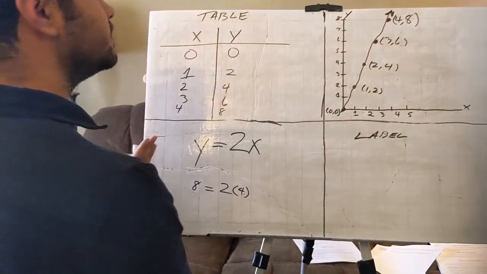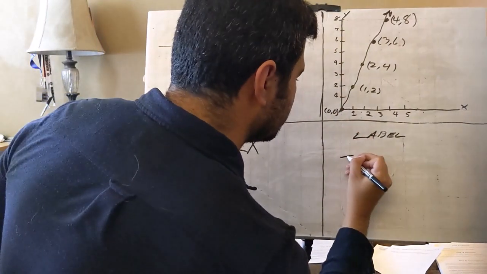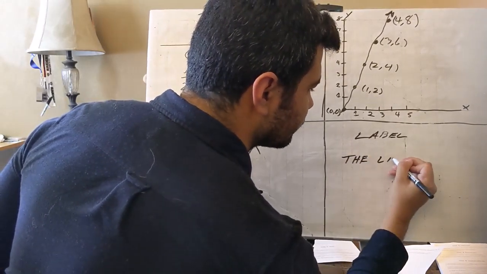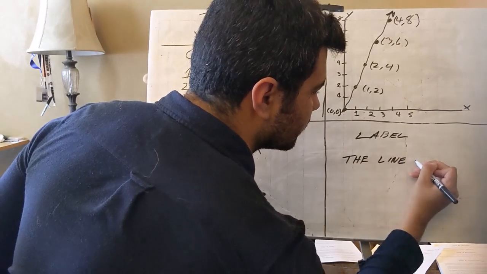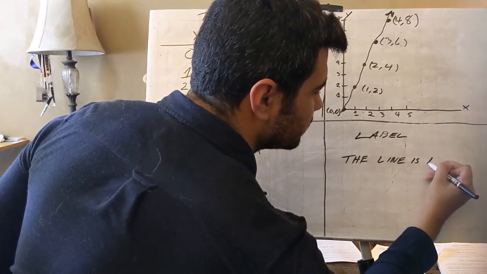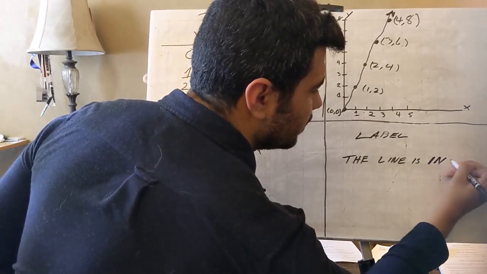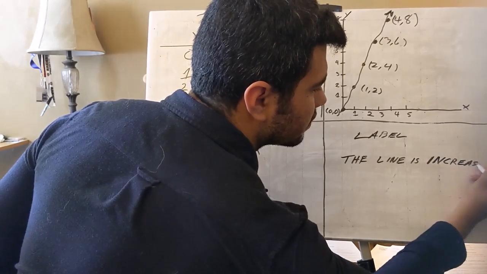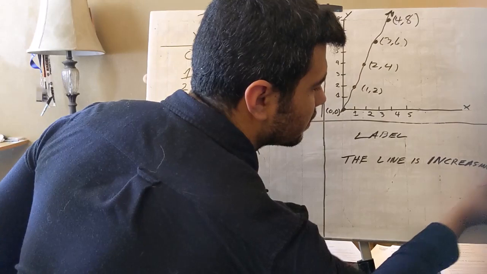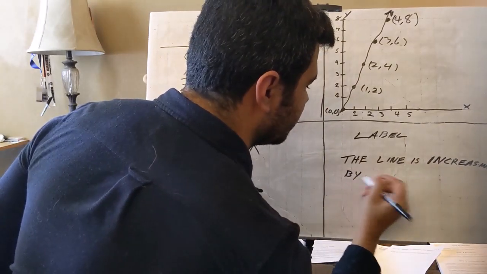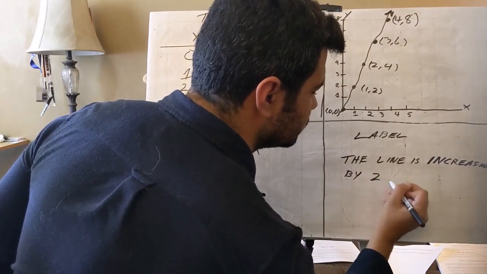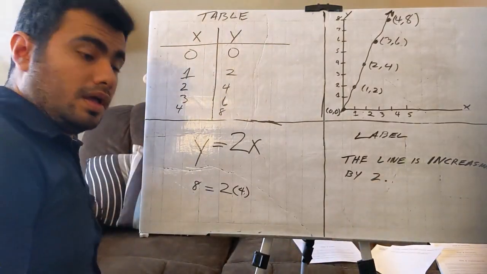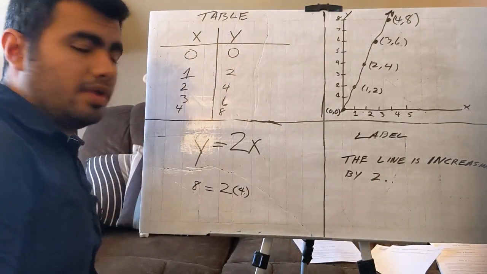Remember, left to right, so this one is increasing. If we had to describe the pattern, the line is increasing by 2. And that's it for this example.